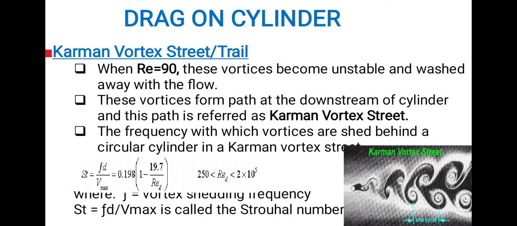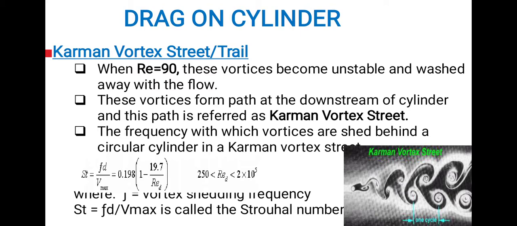Karman vortex trail. When Re is equal to 90, these vortices which you have seen in the previous slides become unstable and are washed away with the flow, as I have already pointed out. These vortices form a path at the downstream of the cylinder, and this path is referred to as Karman vortex street.